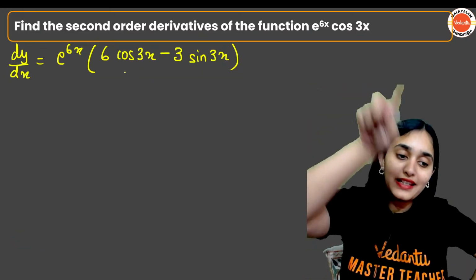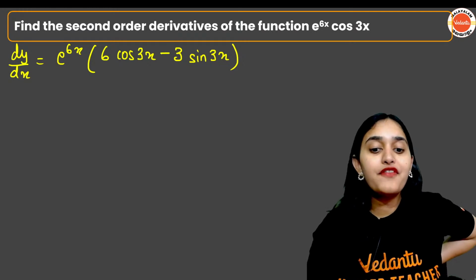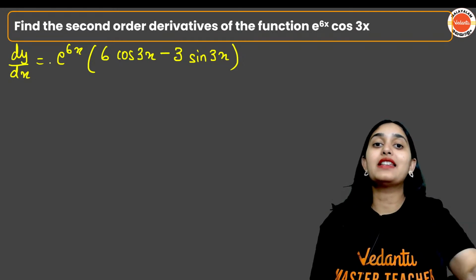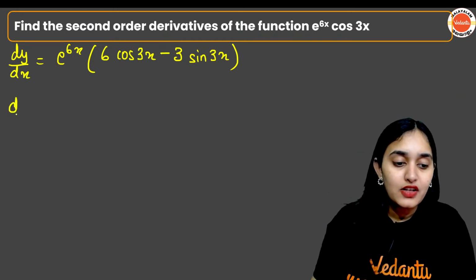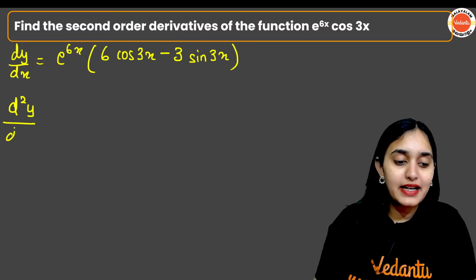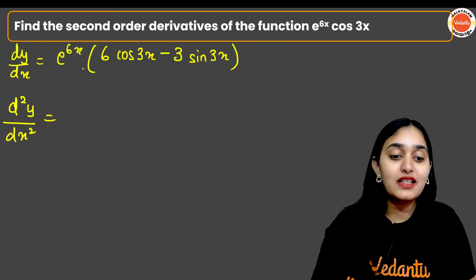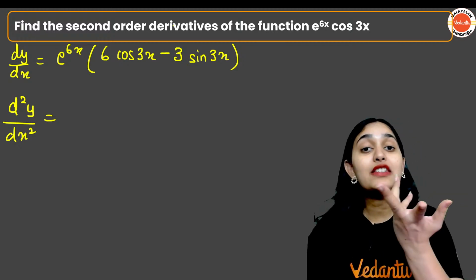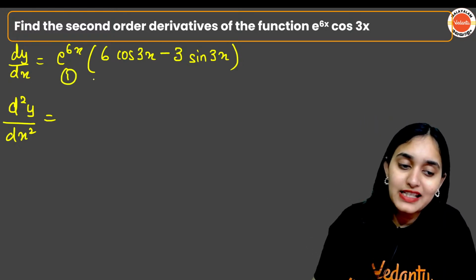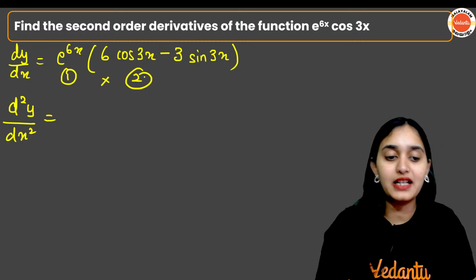Now we have to differentiate it again. This is the first order derivative. We will differentiate it again. So d square y by dx square is differentiating these two functions again. Now which rule? Product rule will be applied: first function into second function.